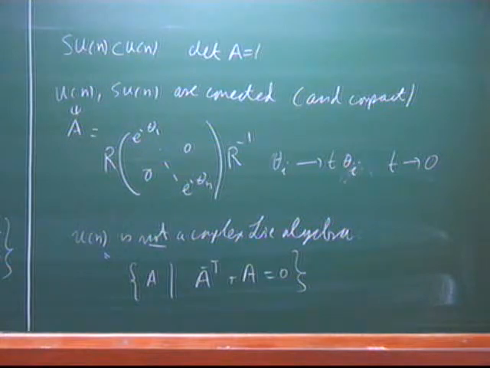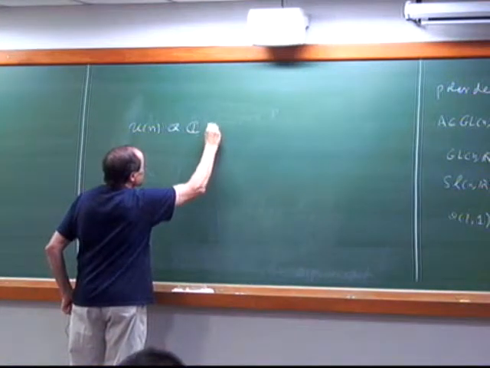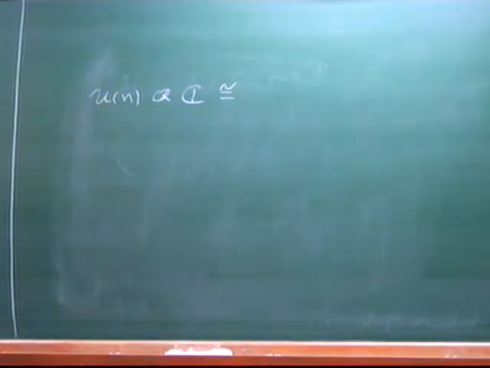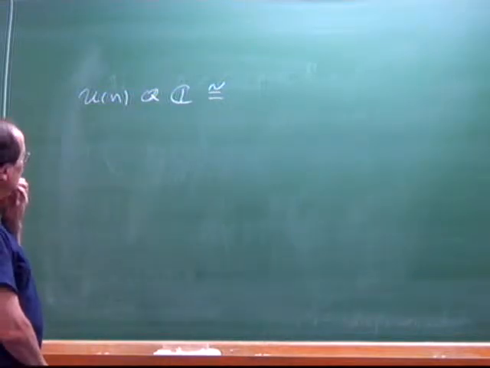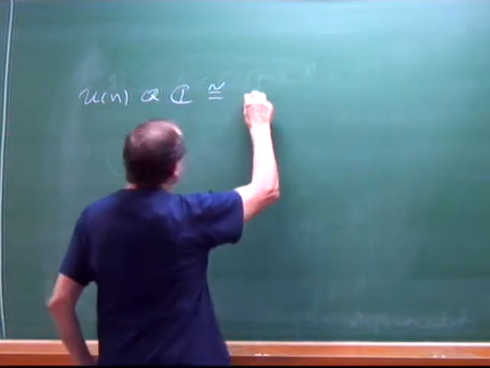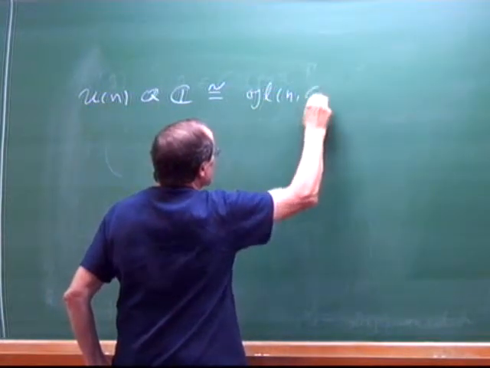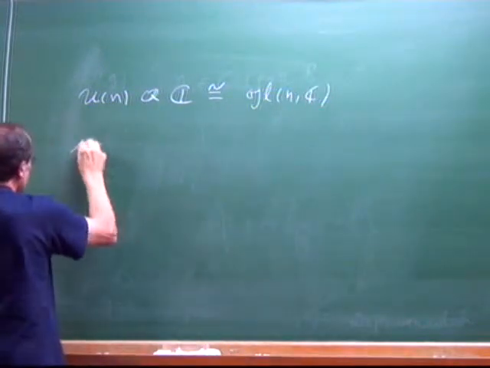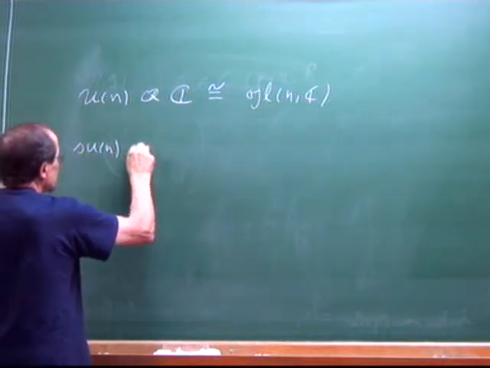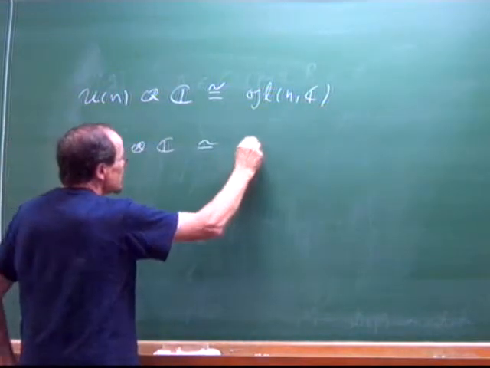Then I get a complex Lie algebra. So I can take u(n), which is a real Lie algebra, and I complexify, and I claim what I get is gl(n,C). And if I complexify su(n), I get sl(n,C).